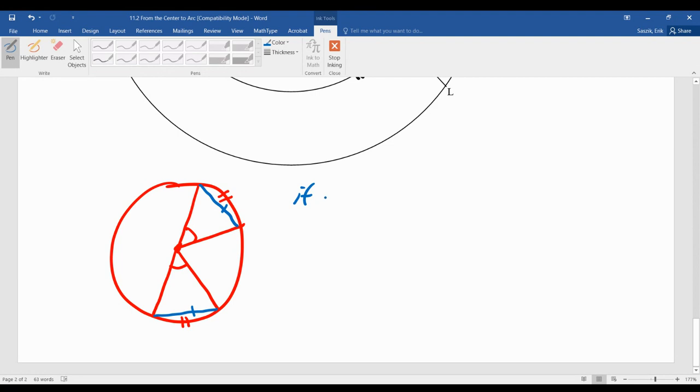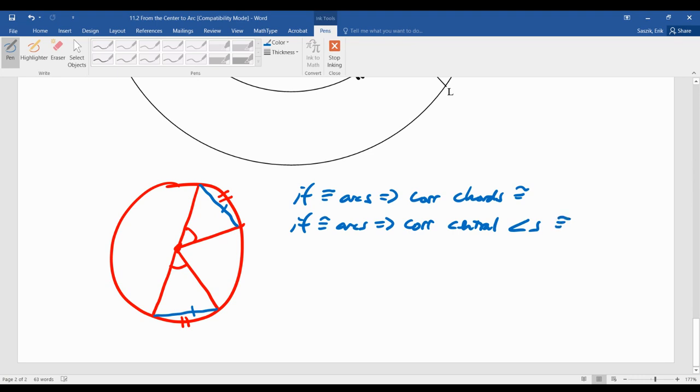So we have a bunch of things here. If congruent arcs, then corresponding chords congruent. If congruent arcs, then corresponding central angles congruent.